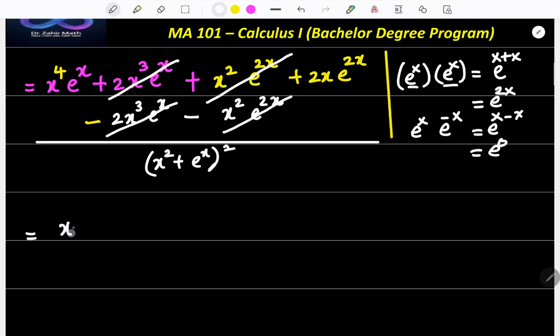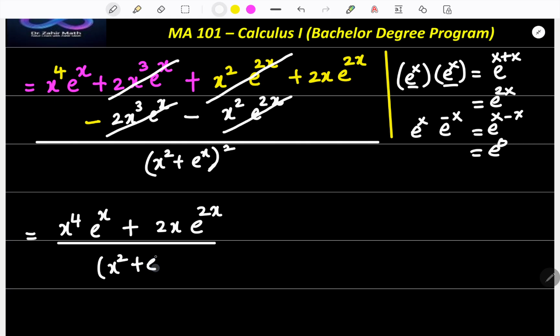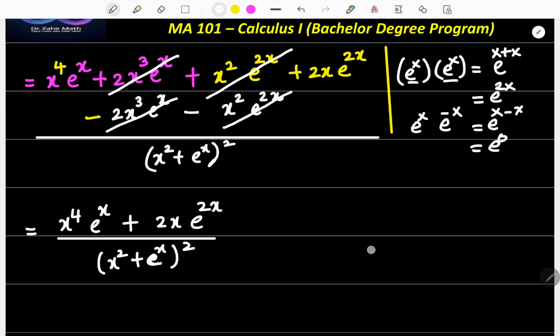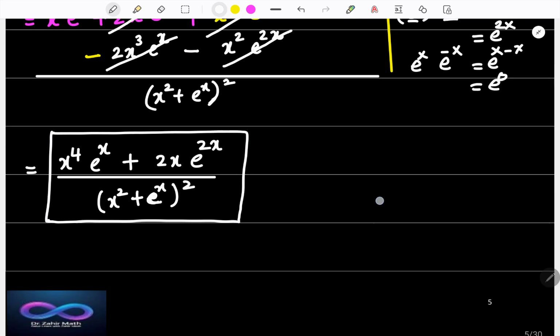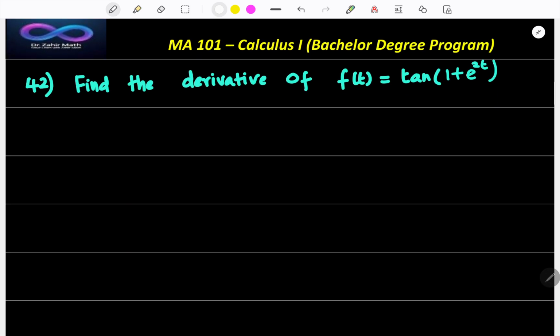So what is the remaining term? X power 4 e power x plus 2x e power 2x divided by x square plus e power x, the whole square. Okay, so this is going to become your final answer. Clear all of you? Right, let's go to the next question.